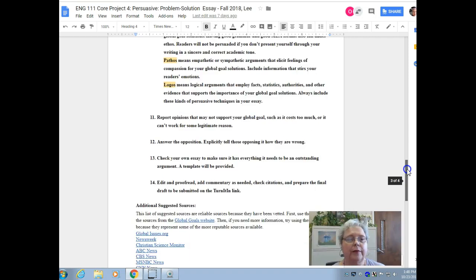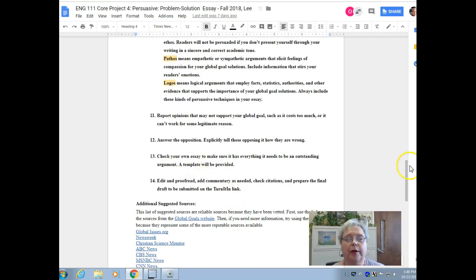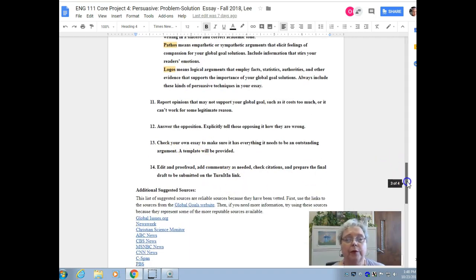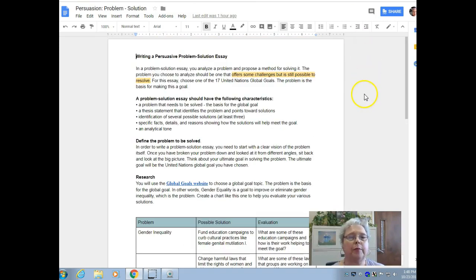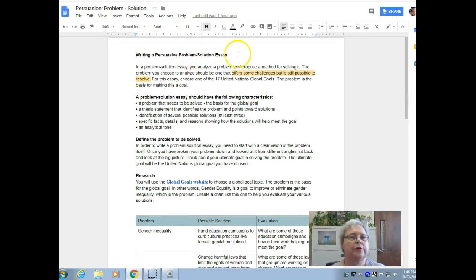Eventually we're going to get down to this opposition part, but for right now, in our research, we're just looking for solutions to the problem.